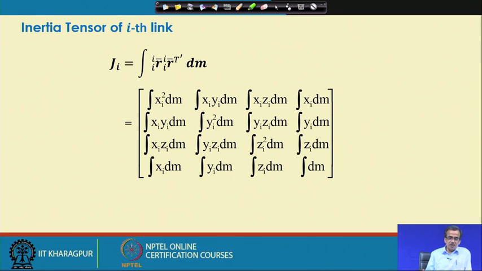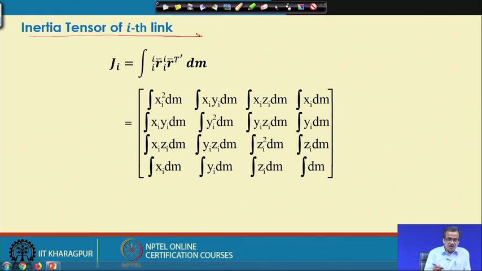Now, I am just going to concentrate on the concept of this particular inertia, that is the moment of inertia term, how to define this moment of inertia and how to find out the inertia tensor for a particular robotic link or the ith link. Now, moment of inertia, all of us know by definition, that is m r square.